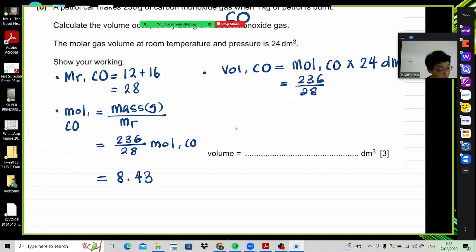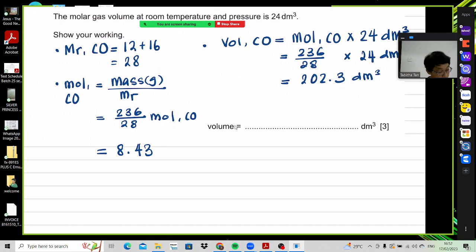And then now you multiply by 24. Now we multiply 24, and then we get 202.3. Yep, that is the dm³. So you can put in 202, or you can put in 202.3, as your final answer.